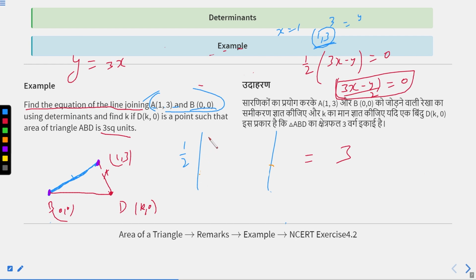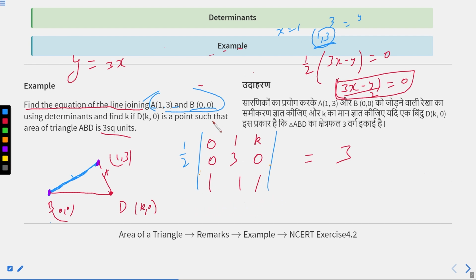So this will be x1 0, x2 1, x3 k, y1 0, y2 3, and y3 is 0, and then 1 1 1. Simple. Now just evaluate.